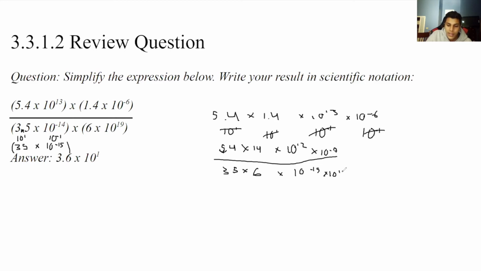Okay, I know it doesn't look like I simplified this much, but we're actually so much closer to the answer now. And the reason why is because now that I simplified it like this, I can break it up into two sections. I can break it up into my regular numbers without powers, 54 times 14 divided by 35 times 6. And then I can break it up into that and my powers of 10, 10 to the power of 12 times 10 to the power of negative 7, and then that's divided by 10 to the power of negative 15 times 10 to the power of 19.